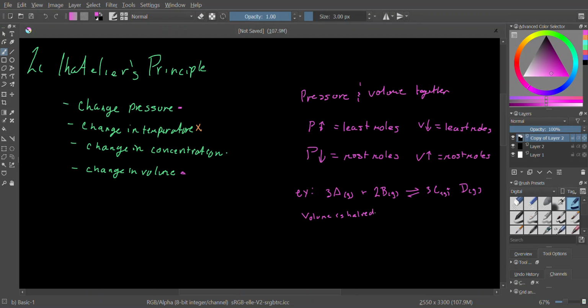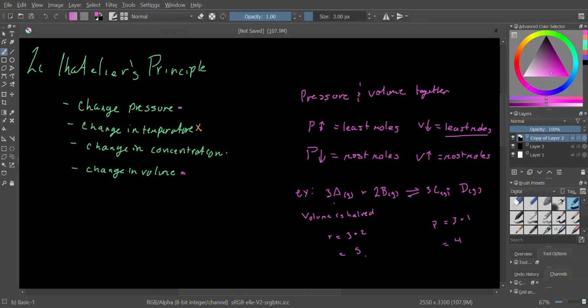So if our volume is halved, that means our volume is decreasing, right? So we would have to go to the side with the least moles. The way we calculate moles is by adding up our coefficients. On our reactant side, our moles are 3 plus 2, which is 5. And on our product side, we have 3 plus 1, which is 4.